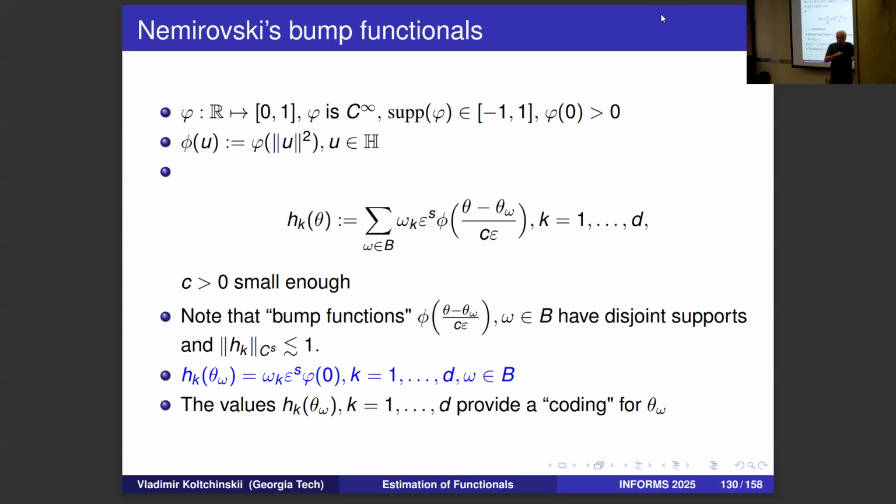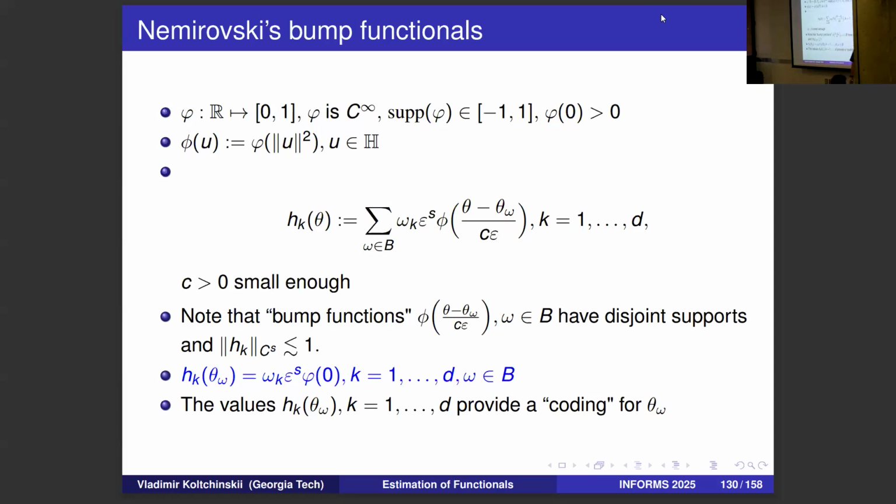A bump will be a function either positive or negative, depending on whether omega k is +1 or -1, right? And the bumps are around this point theta omega, and the bump functions have finite support. They are supported in a small ball actually after this rescaling, and the supports of these bump functions are disjoint, even well separated by distance of the order epsilon again, okay?